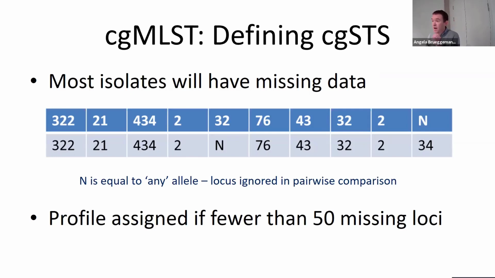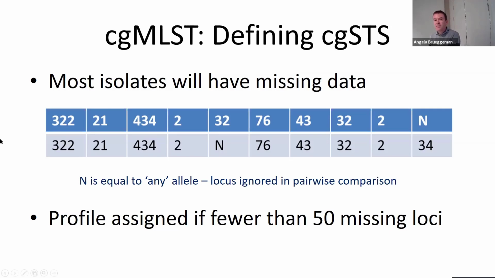But it's something to be aware of, that some genomes cannot be assigned a core genome ST if we can't recover enough alleles. The other consequence is that some isolates might have more than one core genome ST, which seems a bit strange.